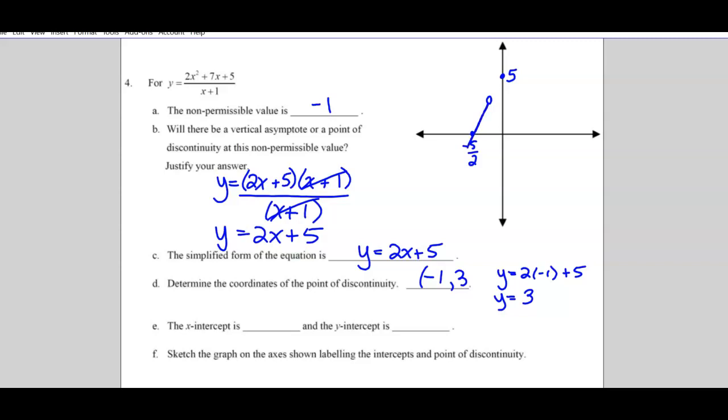If you have a ruler, it's something you want to use. Then label that point (-1, 3).